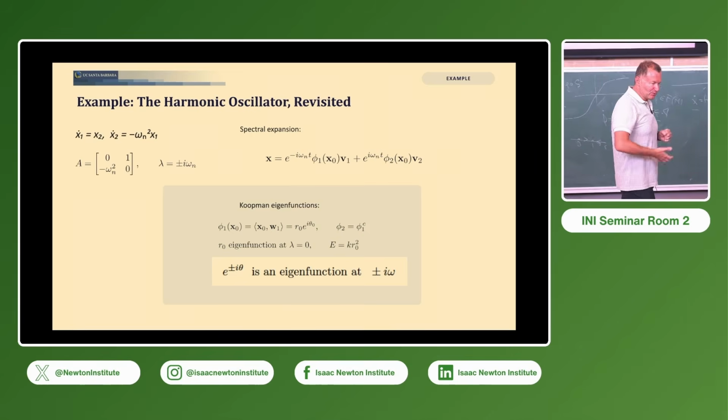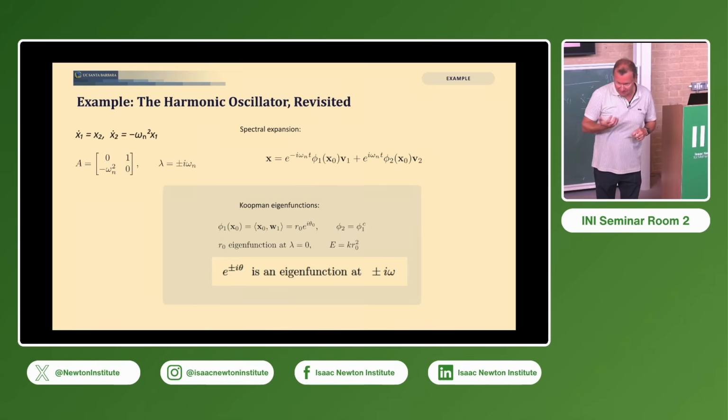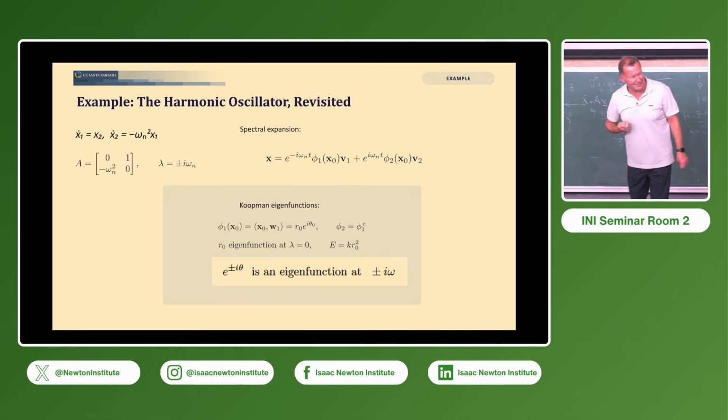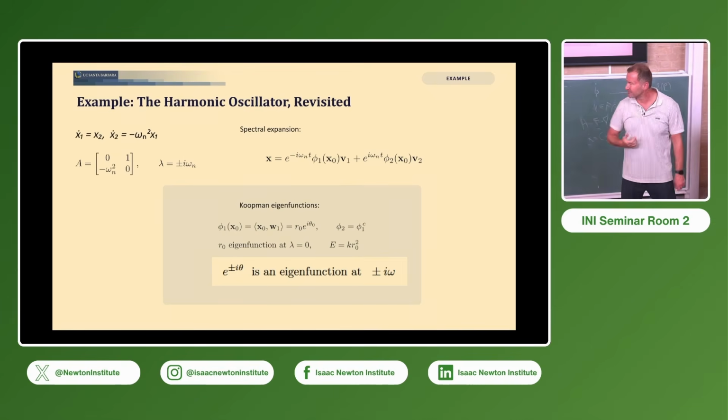What is somewhat magical about this is, in the same way that when you first learn that the eigenvalues say something about the physics, you compute the eigenvalues of this matrix and that tells you the natural frequency. That's crazy, the unreasonable effectiveness of mathematics in the natural sciences.